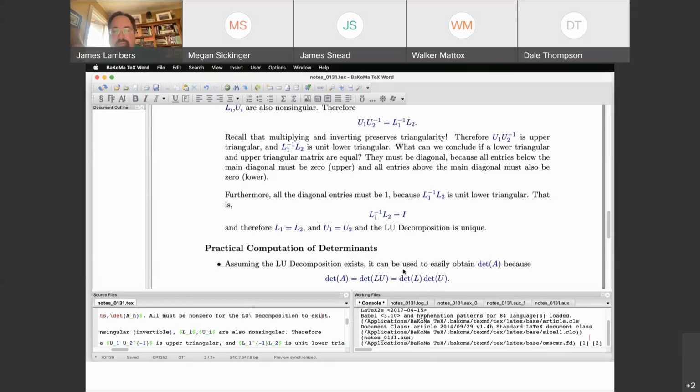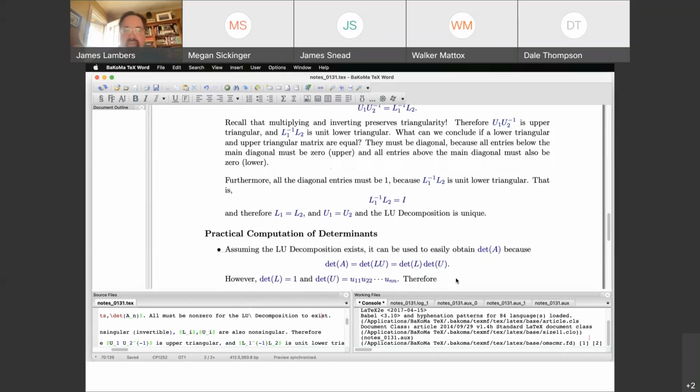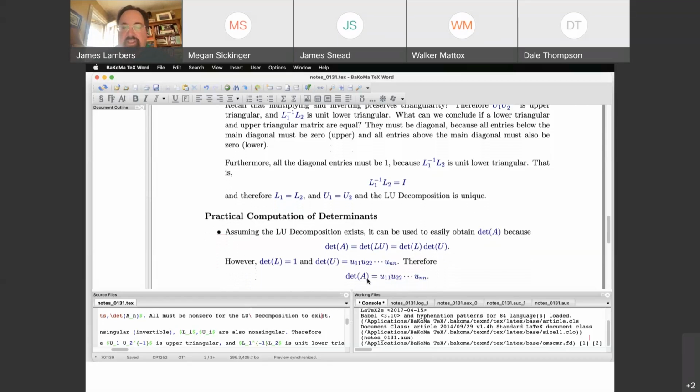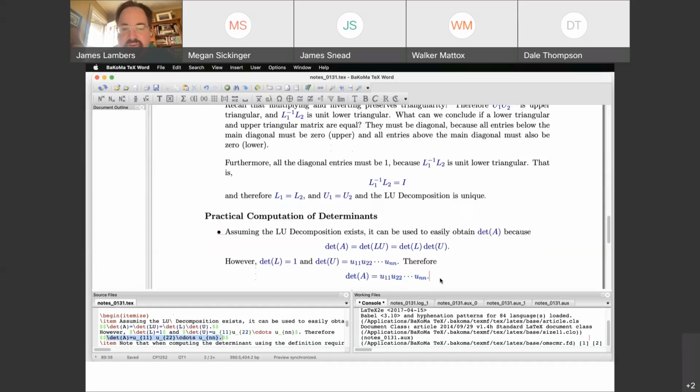But the determinants of both L and U individually are particularly easy to obtain, because when you have a matrix that's triangular, upper or lower, it can be shown that the determinant is just the product of the diagonal entries. Here the diagonal entries are all 1 in L, so that takes care of that. And then for the determinant of U, it's just the product of the diagonal entries. So once you compute the LU decomposition, bam, there's the determinant.